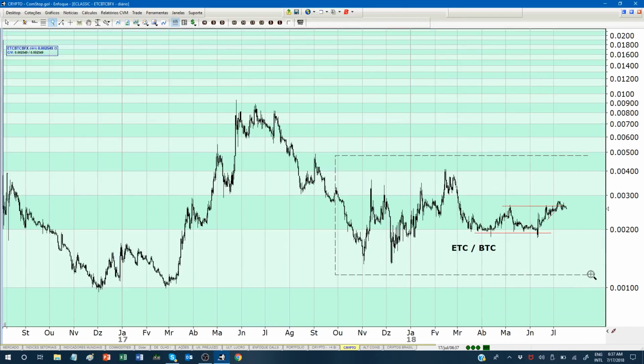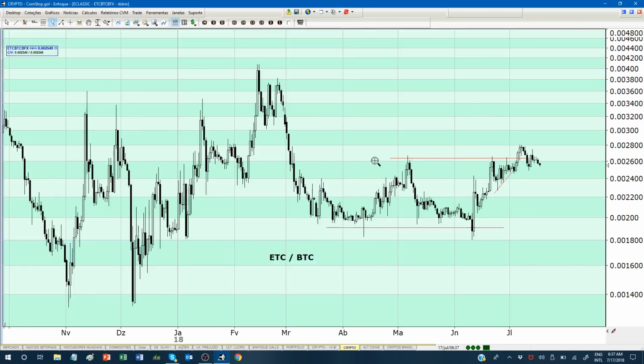Now, Ethereum Classic, which we were expecting to go as far as 0.004 because it broke this resistance line, has now produced a bear trap signal. After that, it gives a bear flag.